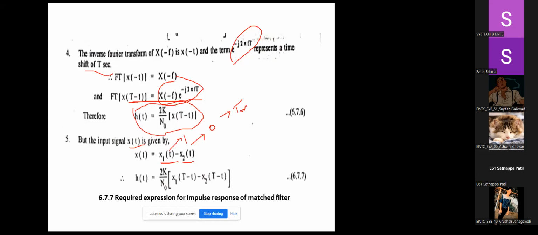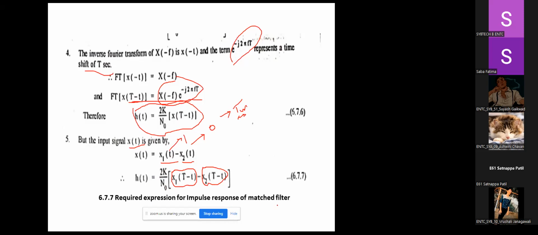Okay, same interval T, or T seconds you can consider here. So h(t) is equal to 2K by N0 times x1 with a time shift, and for 0 we have x2 with the time shift. So these are the required expressions for the impulse response of the matched filter.